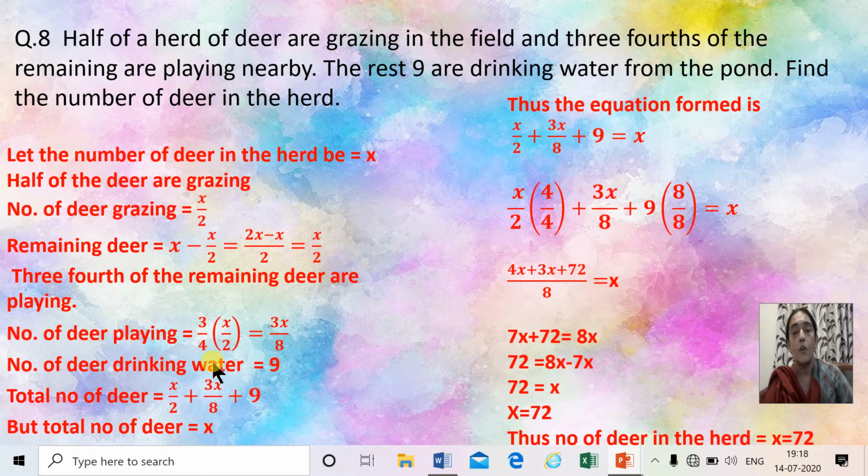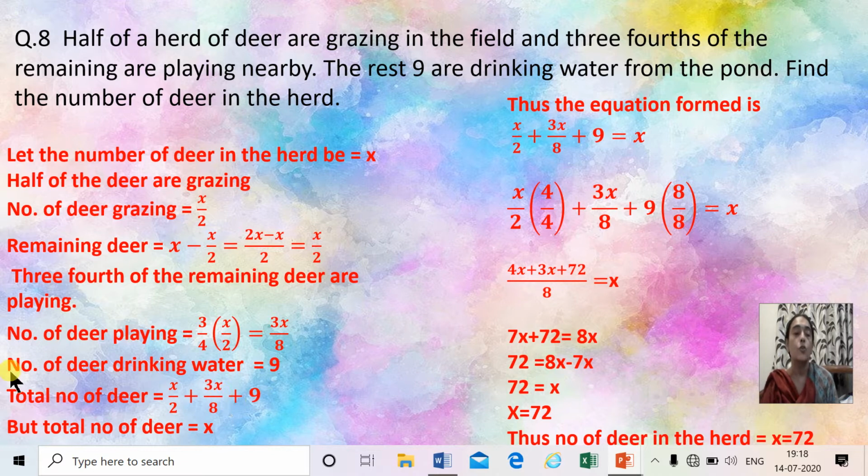Now pay attention. From the total number of deer, half of them are grazing, 3/4 from the remaining are playing, and the remaining 9 are drinking water. So the total number of deer will be equal to what? The number of deer grazing plus the number of deer playing plus the number of deer drinking water.